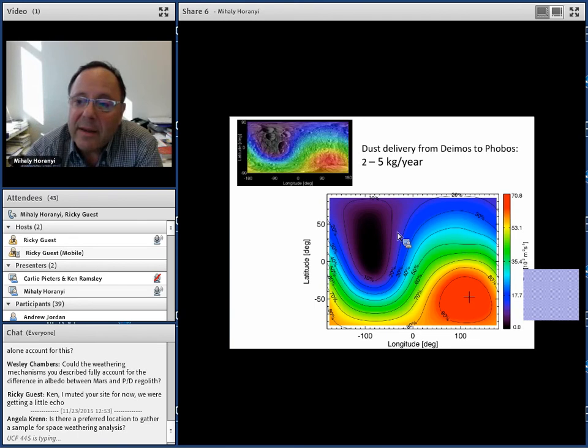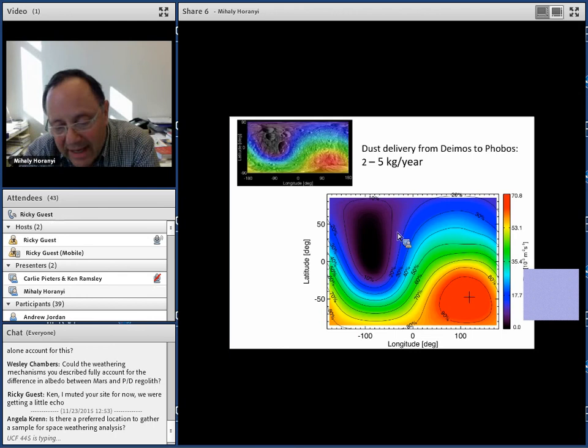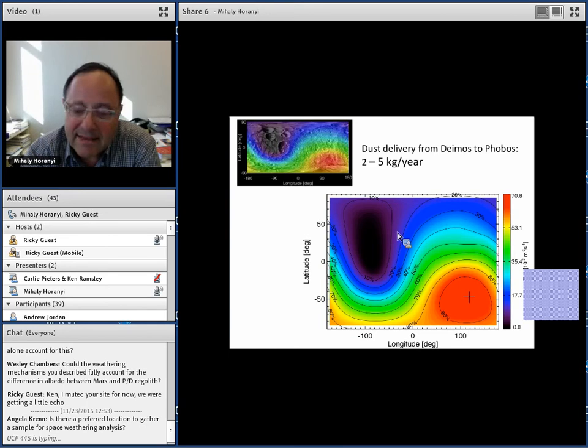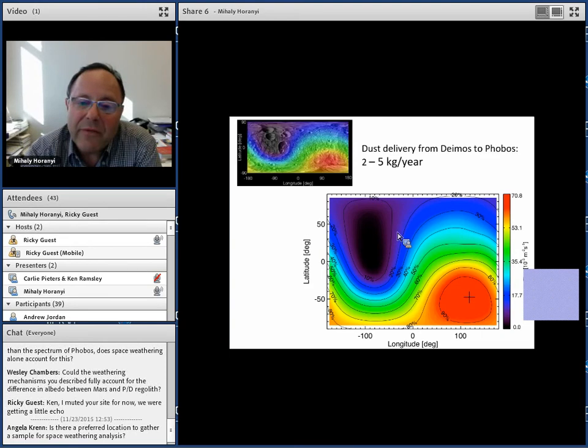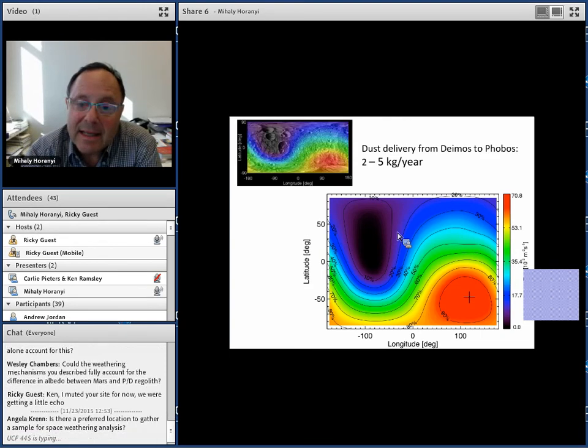One reason you might be interested is that a small fraction of the dust generated from Deimos will end up on Phobos, and it will arrive in a non-uniform way. When the dust drops, it develops an eccentricity and is faster, so it will catch up on the trailing side and deliver most of the Deimos dust to the trailing side of Phobos. That's about 2 to the 5 kilograms of mass per year.